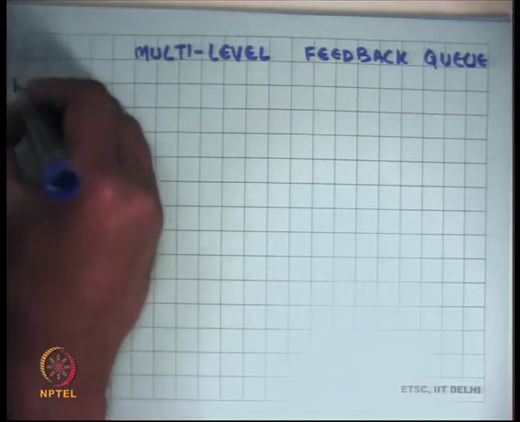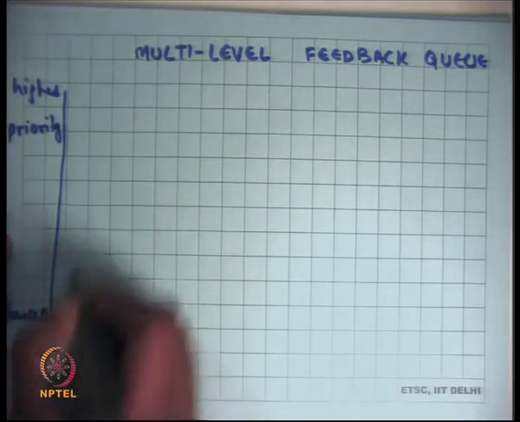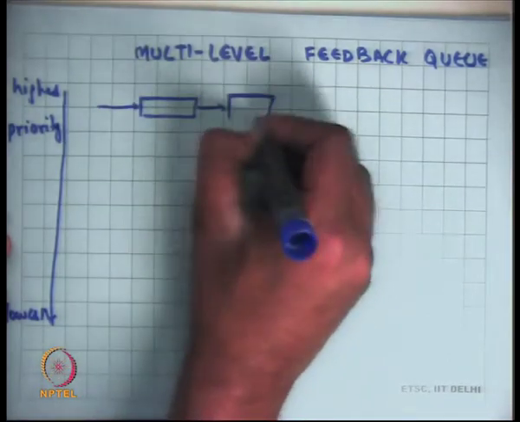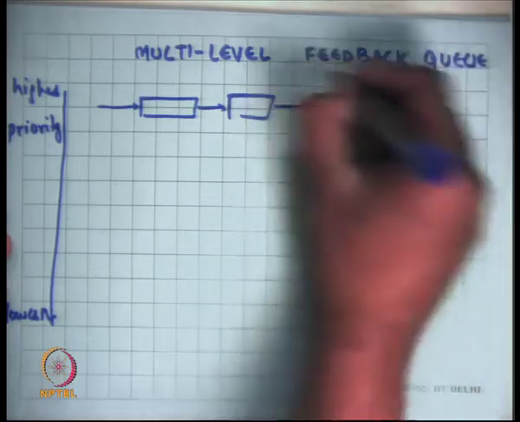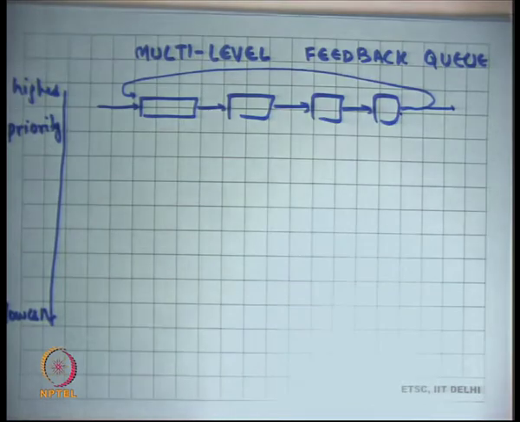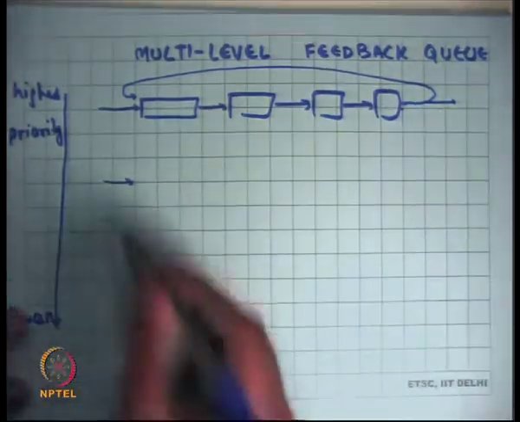This is highest priority, and this is lowest priority, and within each priority level you maintain the jobs in a round robin queue, and so on. So these are lower priority threads.